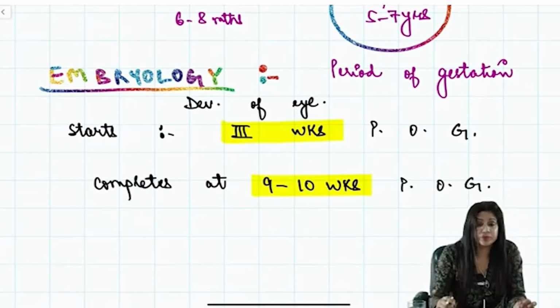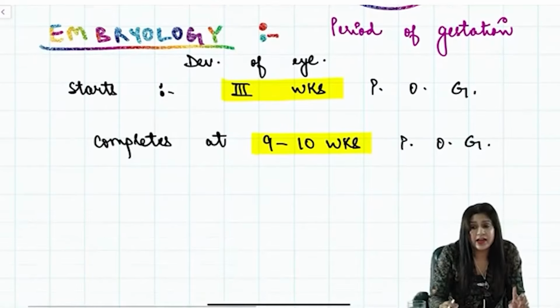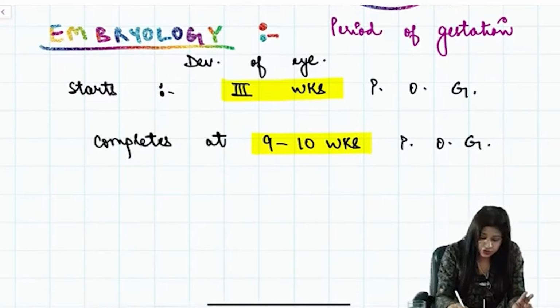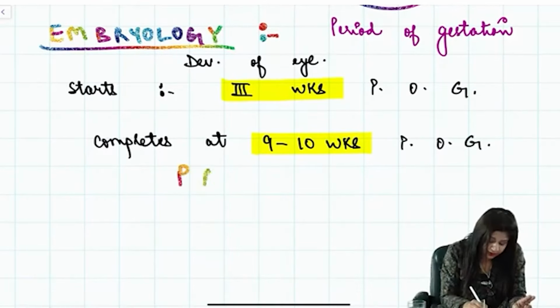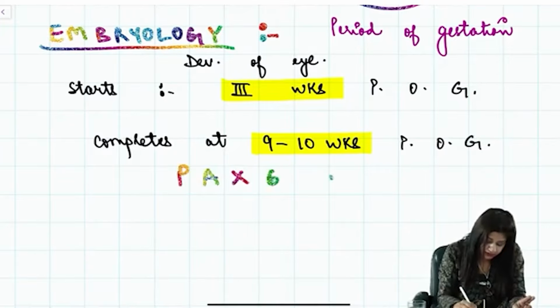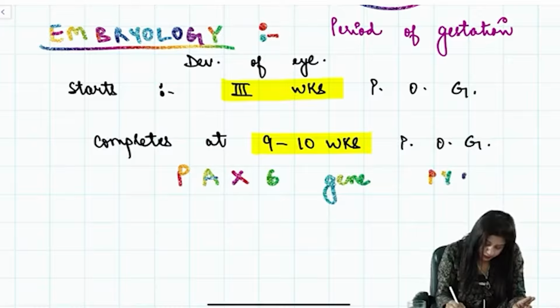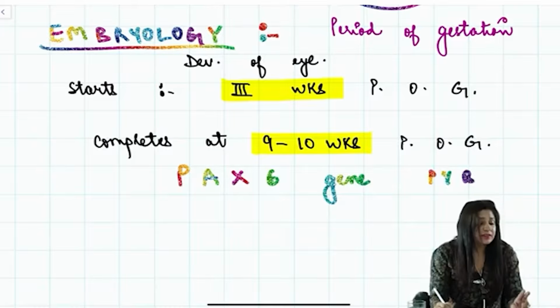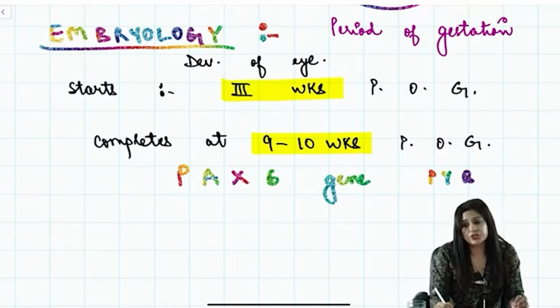It is completing by 9 to 10 weeks, and the gene responsible, very important, is the PAX6 gene. This is also a PYQ. PAX6 gene is responsible for the development of the eye.